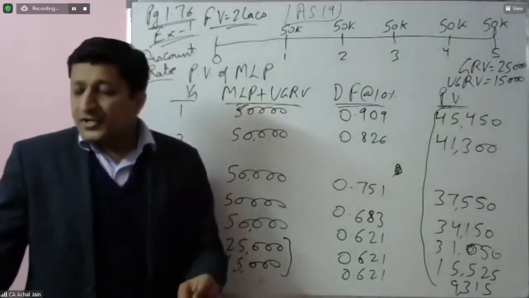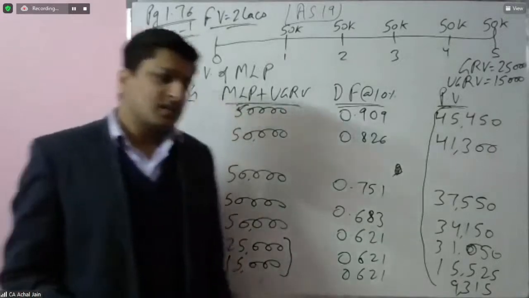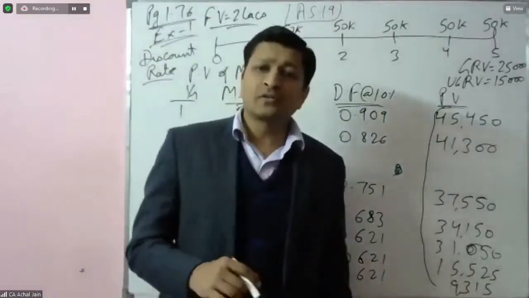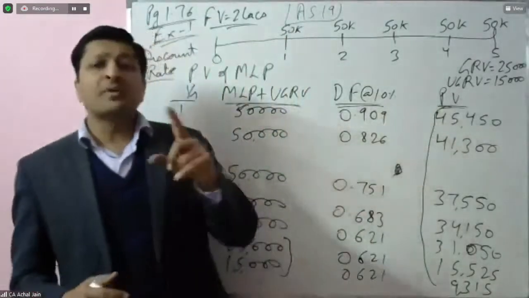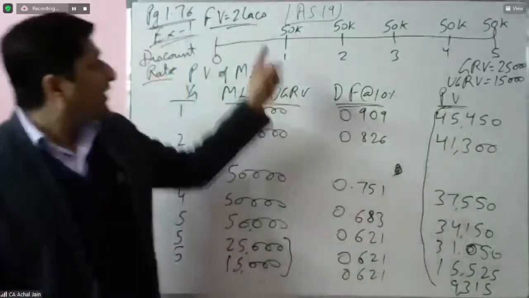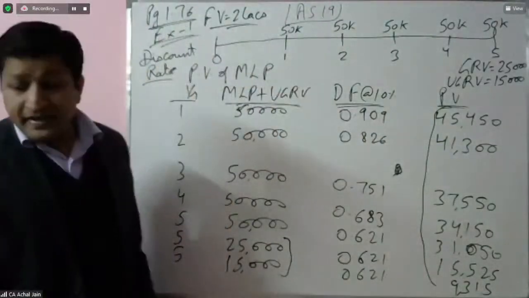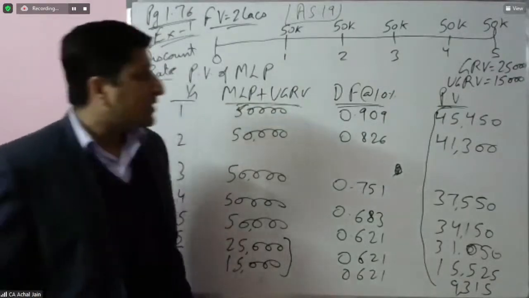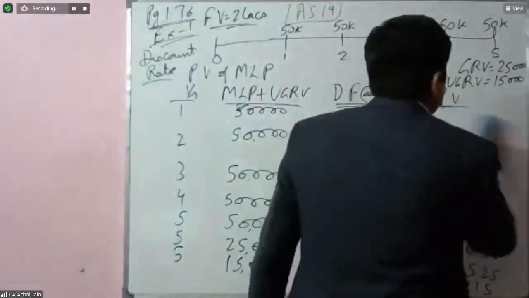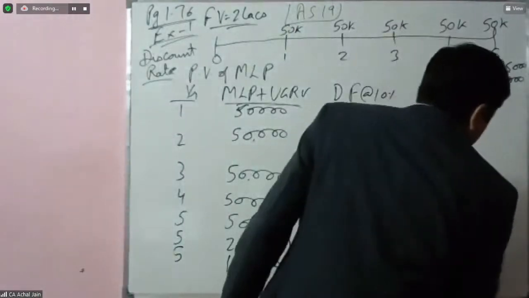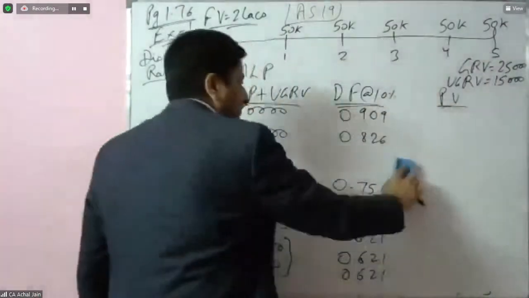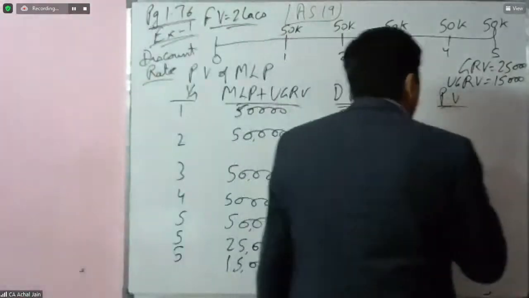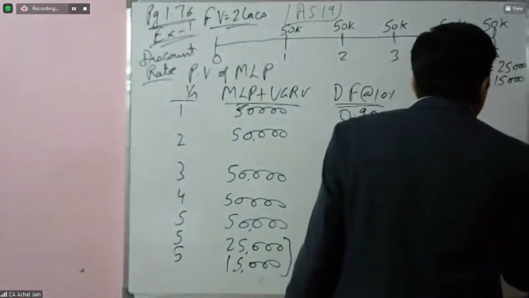My interest rate implicit in the lease will be such a rate using which present value should become equal to fair value. But currently, what is the present value we are getting? 2,14,340.